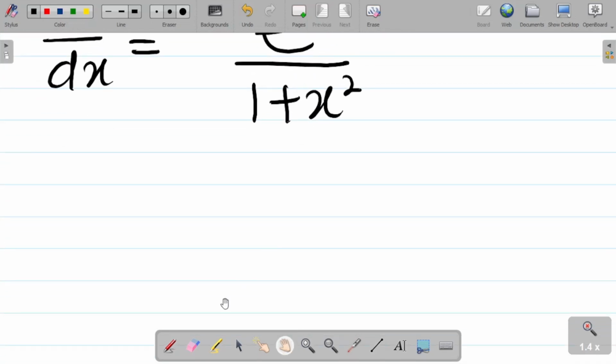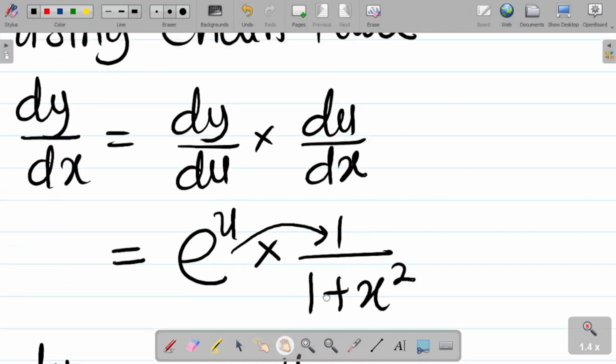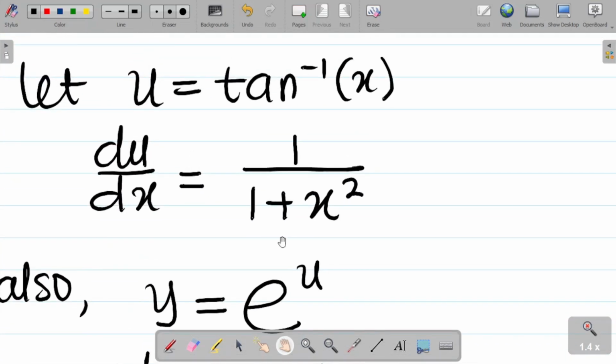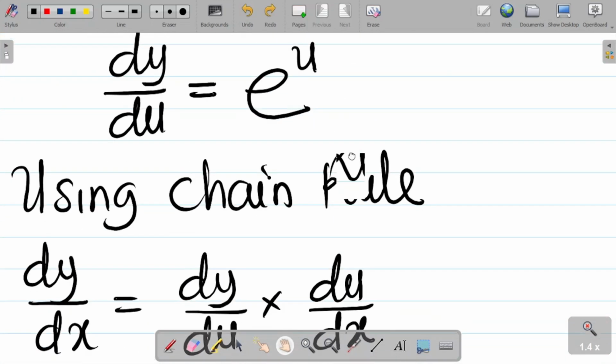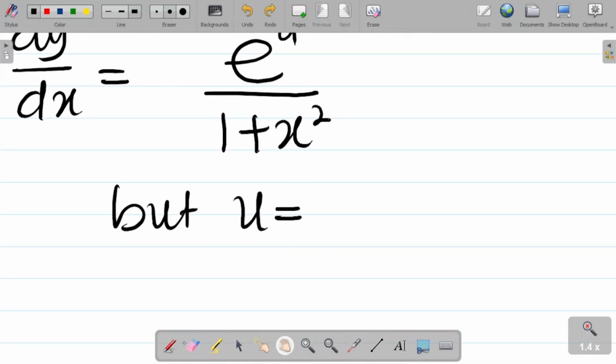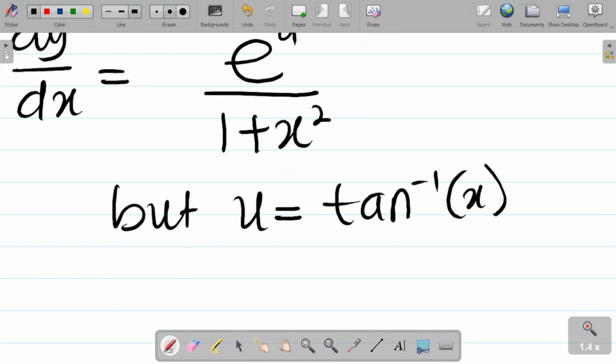Let's bring back the value of u. We said that u is equal to tan inverse of x. So let's now replace values.